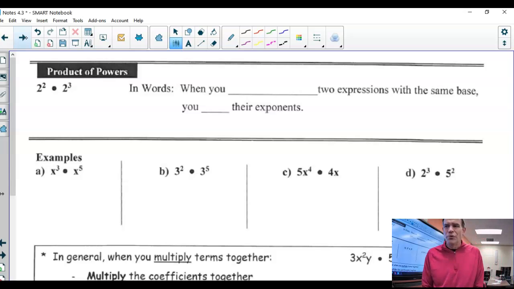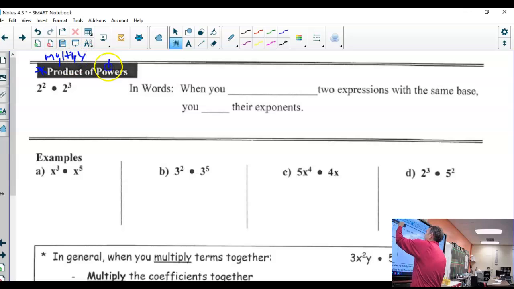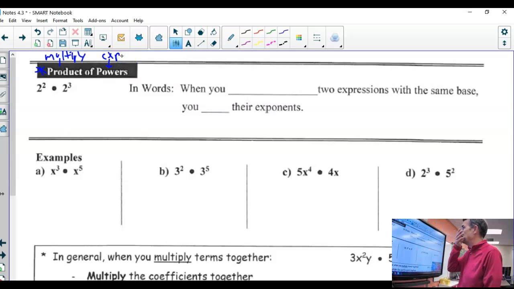Our first rule of about 5 different rules that we will learn is called the product of powers. A product is when you multiply, and powers are exponents. So I am multiplying things together that have exponents on them.